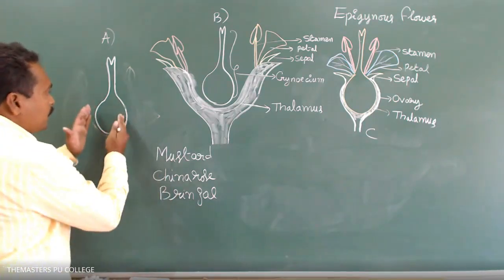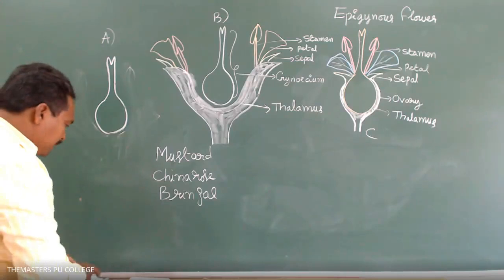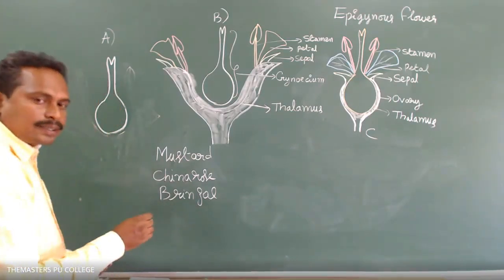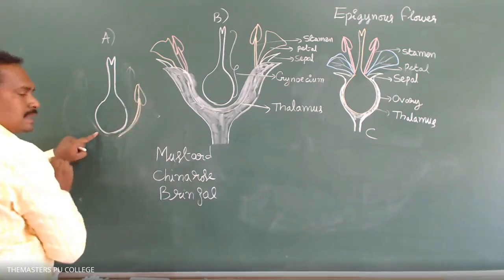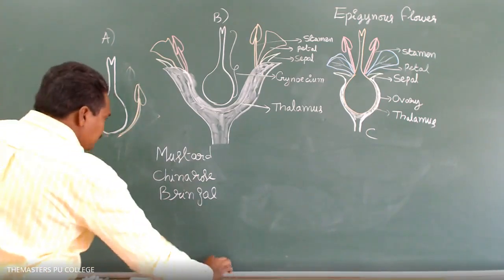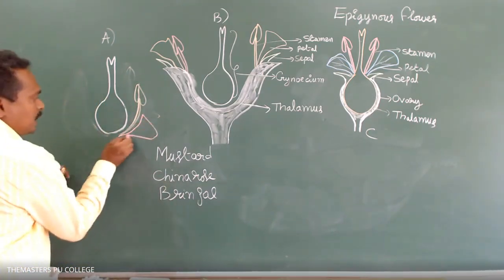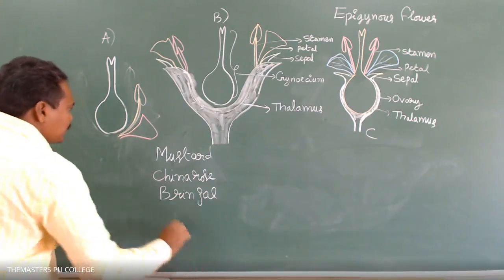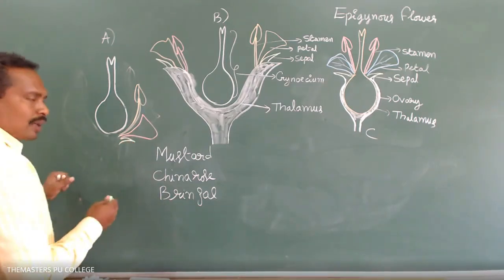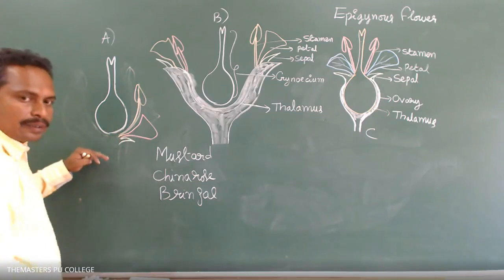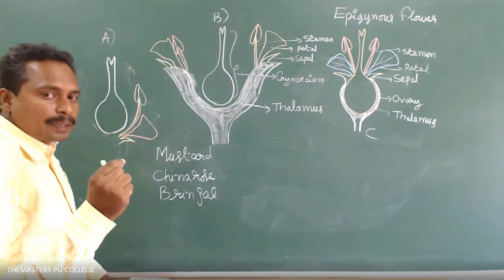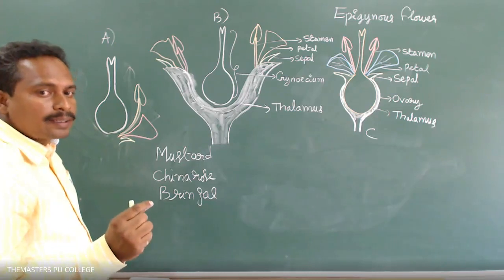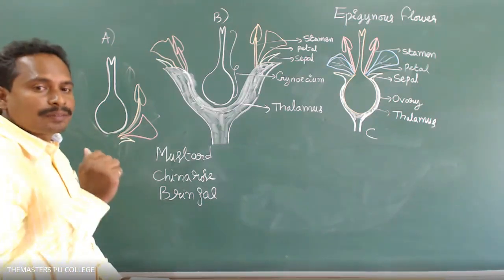Here is the gynoecium. The remaining floral parts, the stamens, petals, and sepals, are arranged below the ovary or below the gynoecium. Such flowers are called hypogynous flowers.